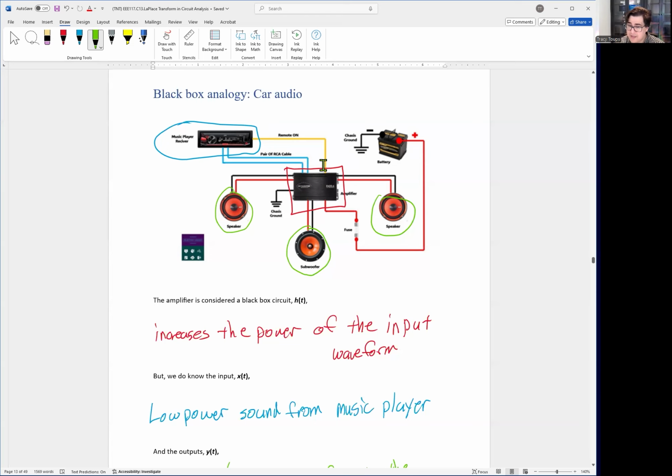The amplifier is the circuit that will take your signal and transmit it to several speakers, amplified in power. So the amplifier is the system, that's our H of t. X of t is the input in blue, H of t is the amplifier circuit, and the output of the whole system are the several speakers in your car or your house or wherever this is.